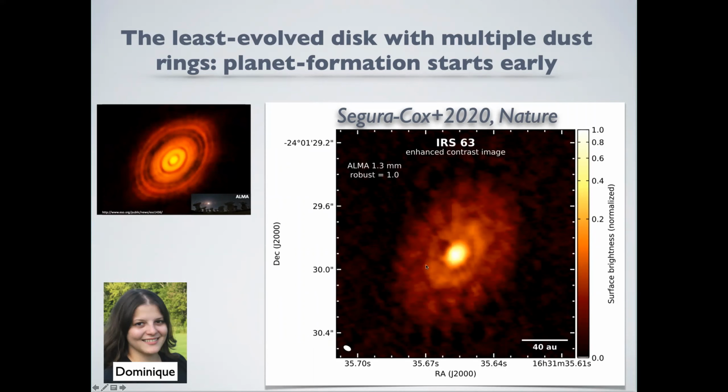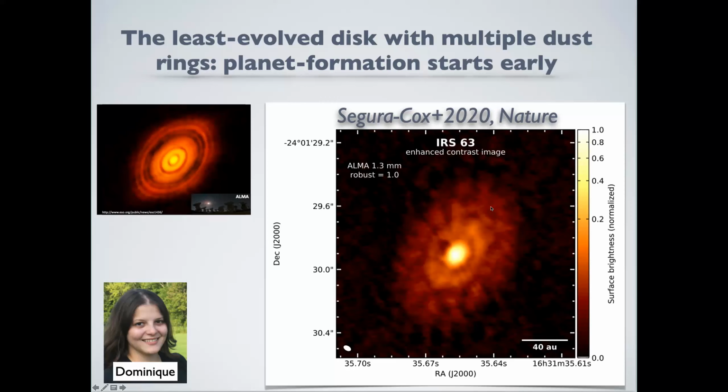Now, with Dominic and ALMA, she was able to see this ring structure in a much younger disk. This is like a class 1 disk, still very much embedded into the mother cloud or mother core. And you can already start to see this structure.